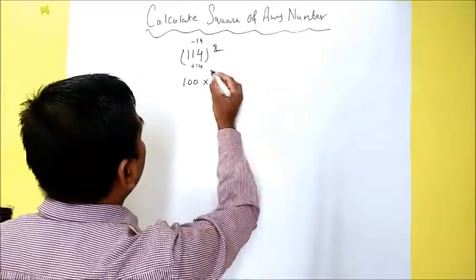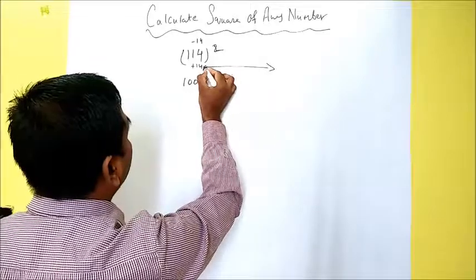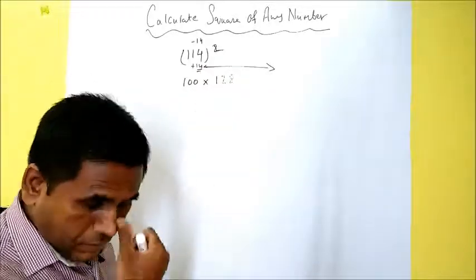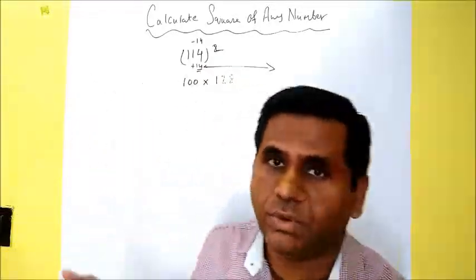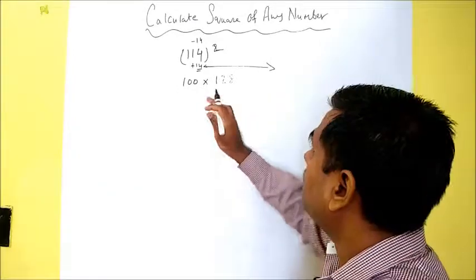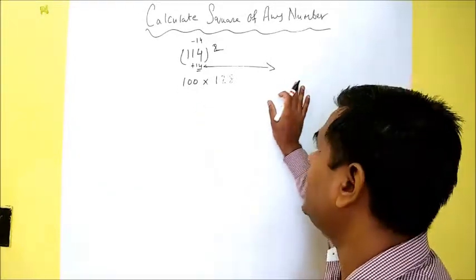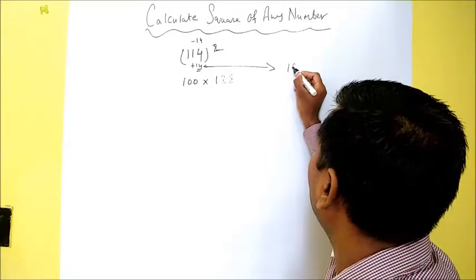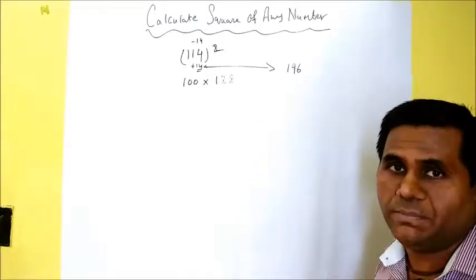Now separately, this 14 we will calculate, or if you remember you can directly write it. The square of 14 is 196. I'm writing directly.